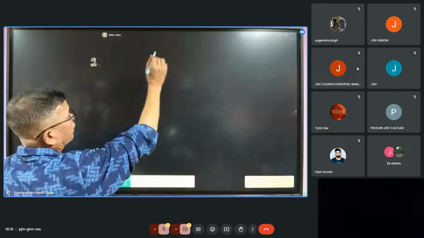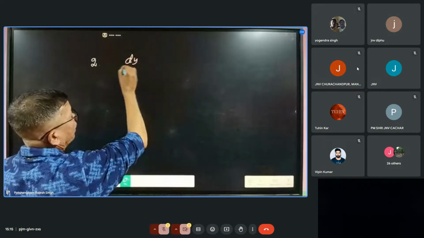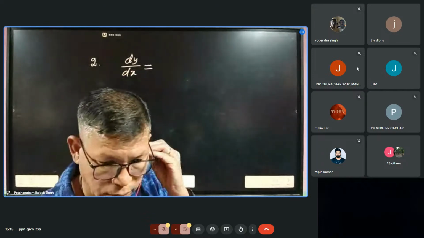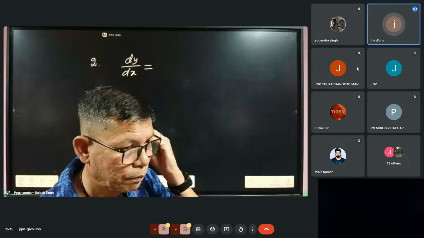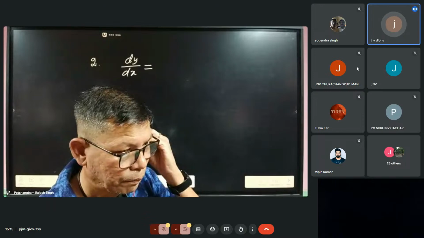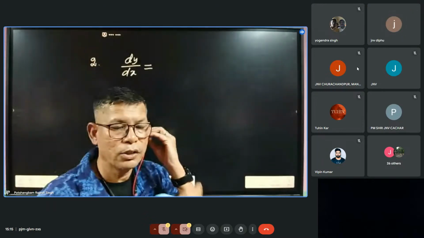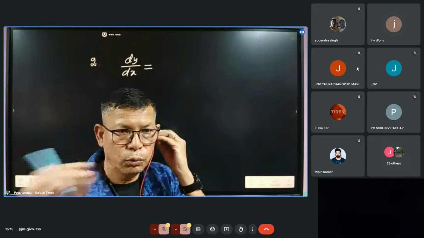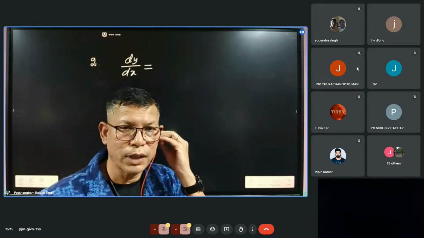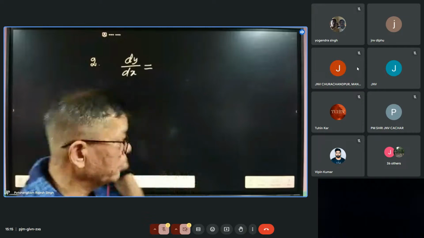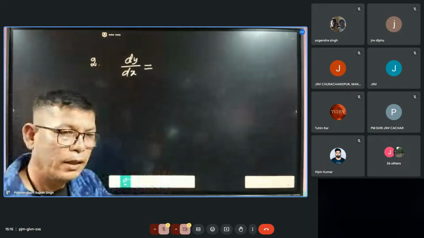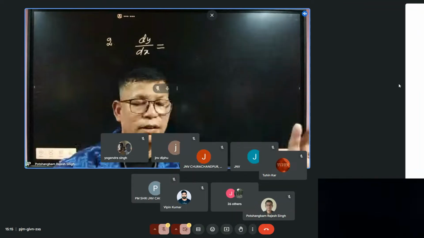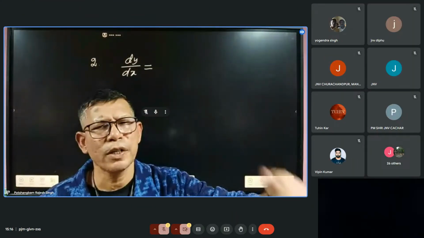If the degrees are not defined, or are defined and not equal, it does not mean that your differential equation will not be homogeneous.